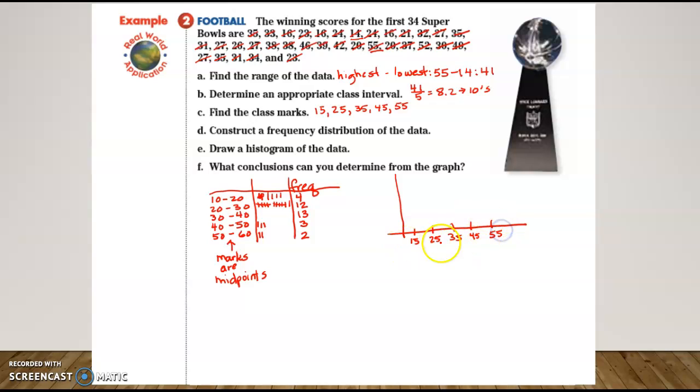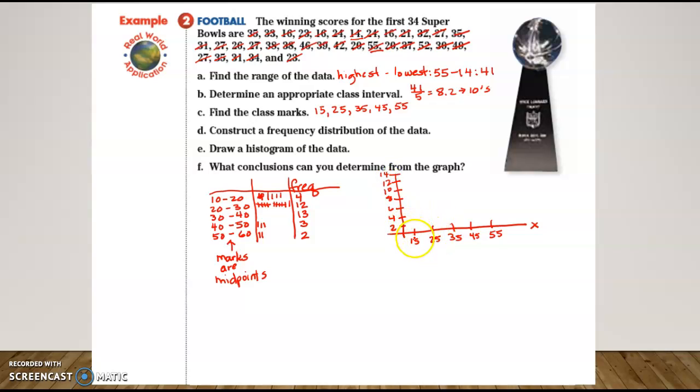You would graph the marks that way on your x-axis. Your y-axis would be the frequency. So let's say 2, 4, 6, 8, 10, 12, and 14.